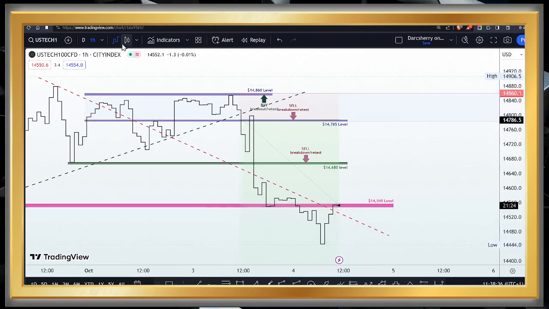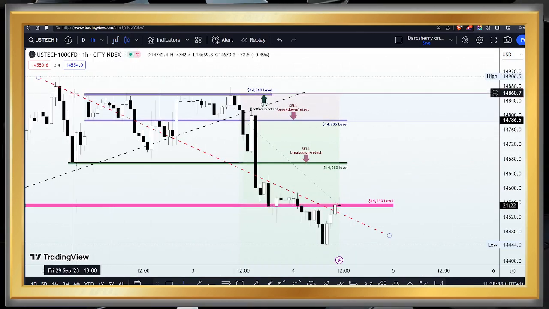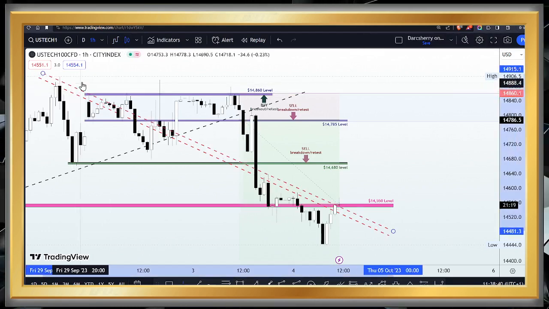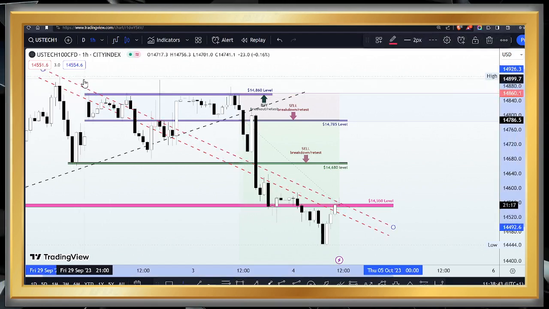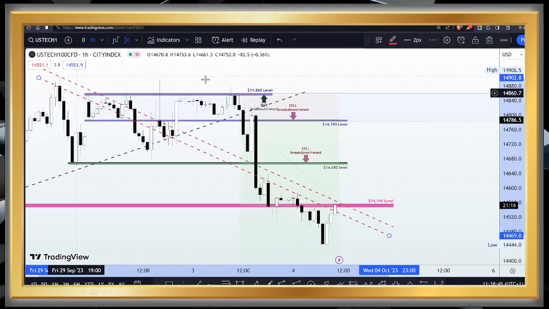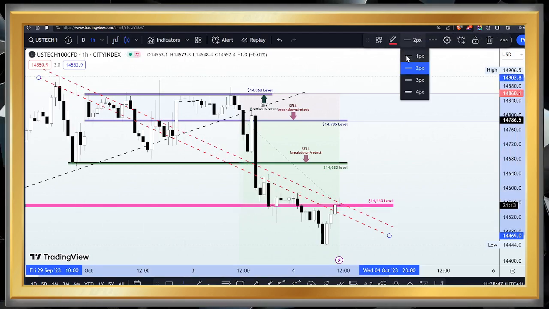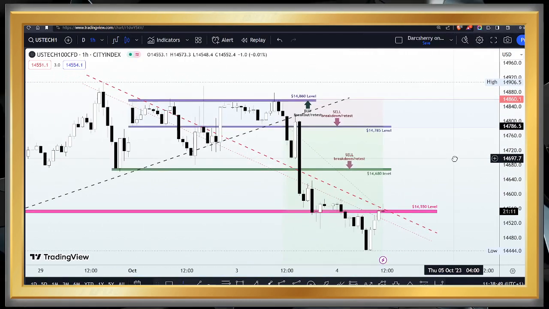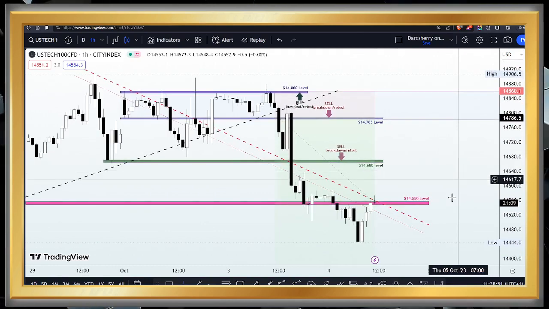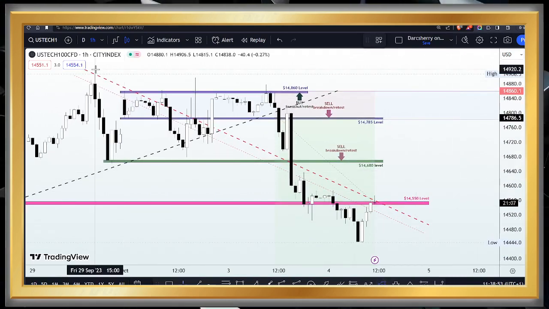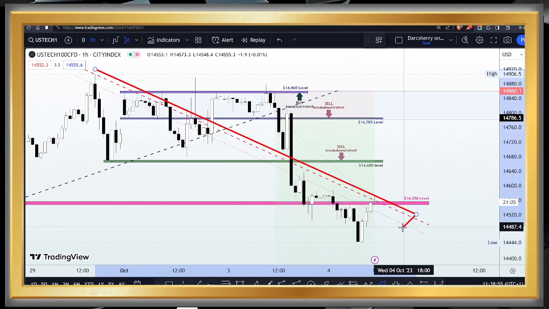Now, if we bring back our candle chart, we can do some little adjustments. Okay, so here we go. And let's make this one a little bit lesser in pixel. Beautiful. So now we have a descending trend line we shall be using to guide our trading decisions for today.